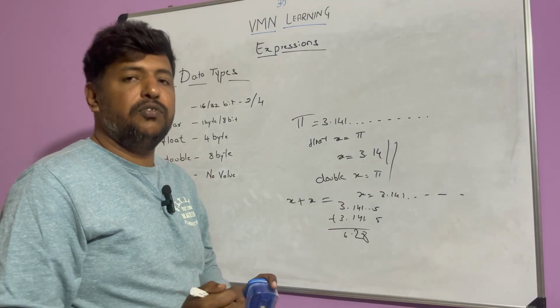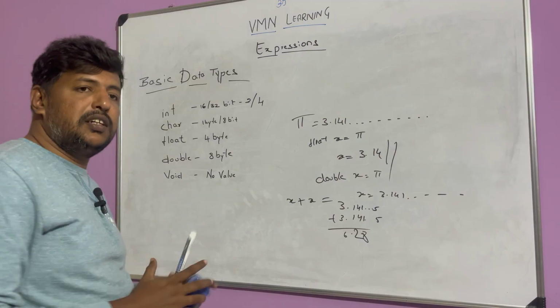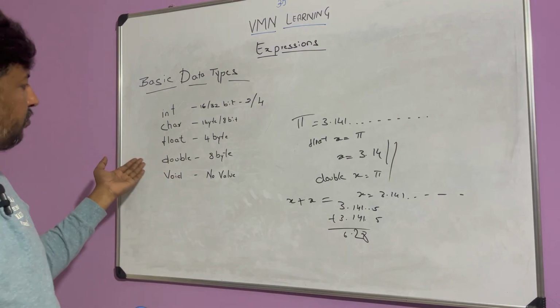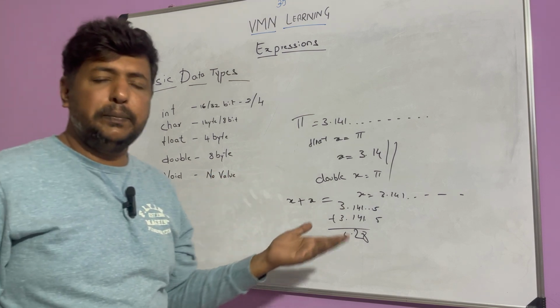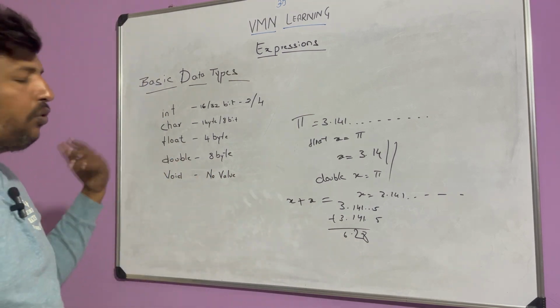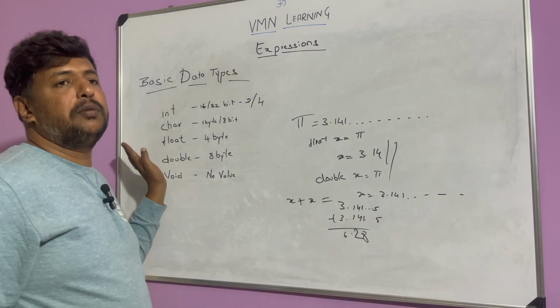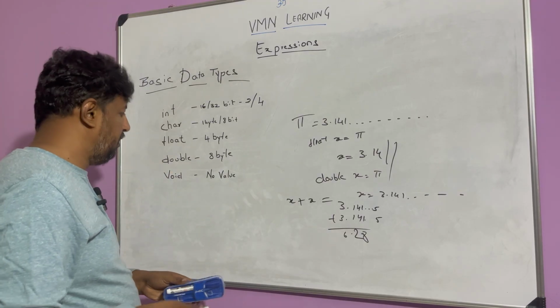That's why they have introduced both float and double. If you want more precision in the decimal value, you have to go with double. If it's okay for you and the numbers are very simple, then it's float. Normally you don't have to worry about double. Most of your programs will be using float itself, as it's simple mathematics.